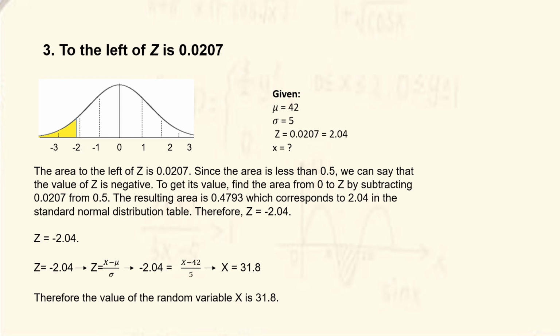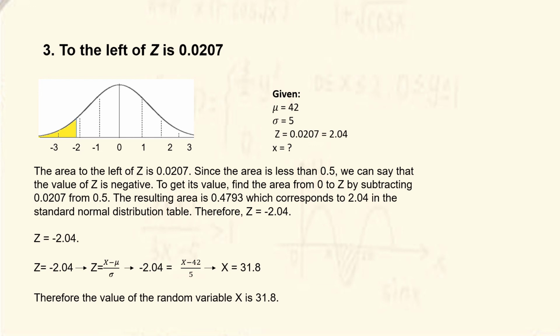Since the area is less than 0.5, we can say that the value of z is negative. To get its value, find the area from 0 to z by subtracting 0.0207 from 0.5. The resulting area is 0.4793, which corresponds to 2.04 in the standard normal distribution table. Therefore, z is equal to negative 2.04.